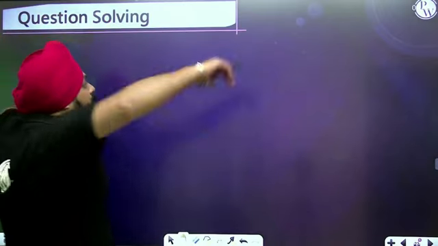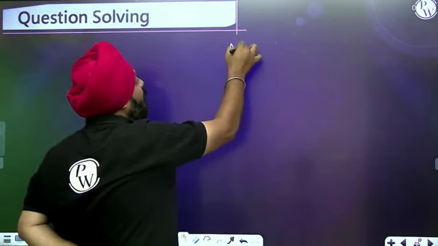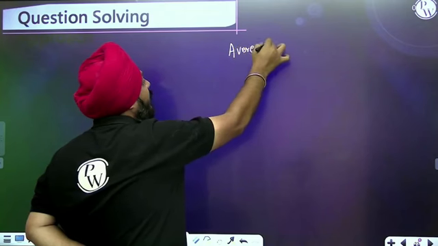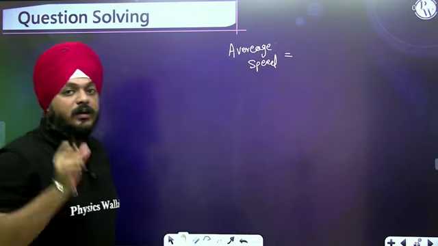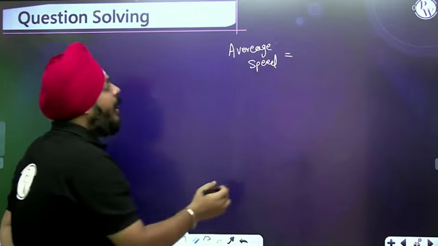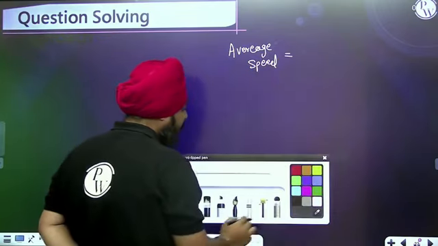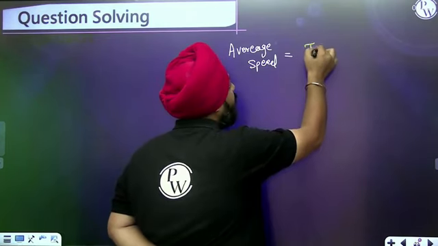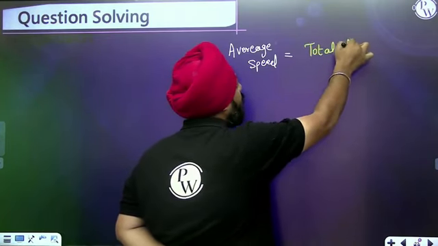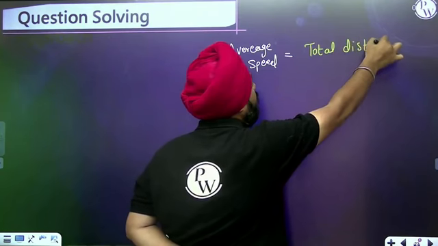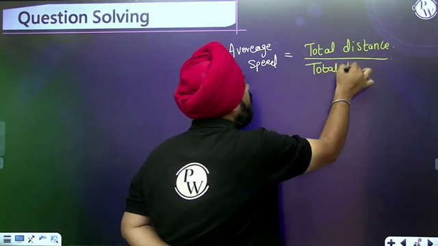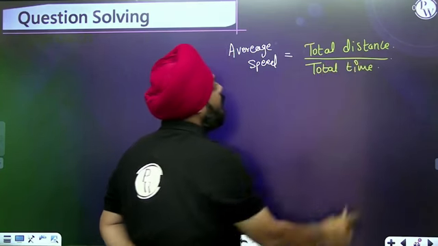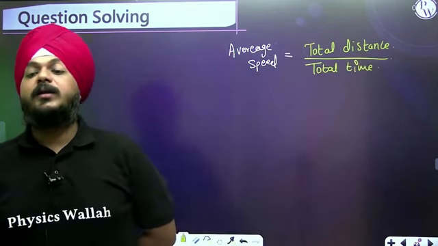The maximum number of questions are going to come from average speed, which we are going to see. If I'm talking about average speed, then the definition is total distance covered by total time.